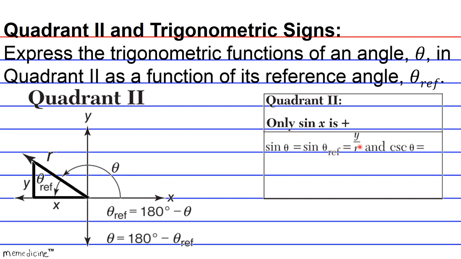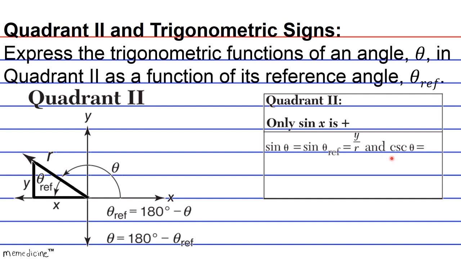And again, y wasn't affected. We're still in the positive y realm. So you're going to have the side opposite theta reference, which corresponds to the y coordinate, divided by the hypotenuse or ray segment length, which is always positive, as I demonstrated earlier.